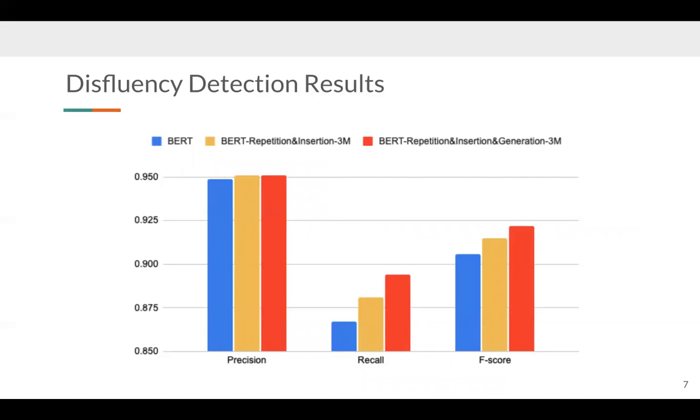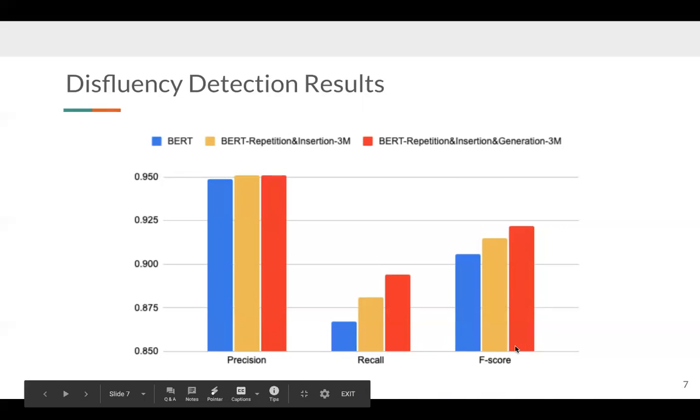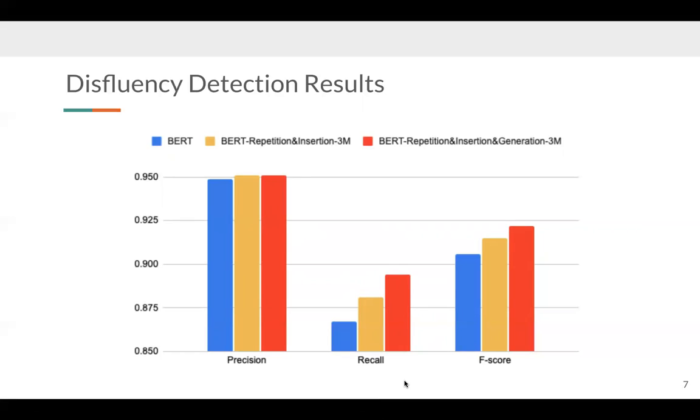After we add the augmented disfluent data generated by our generation model, our BERT repetition insertion generation model further outperforms the BERT repetition and insertion model in terms of F-score. That's because our model performs better in terms of recall, which means the disfluent sentences generated by our model can help the disfluency detection model to identify more disfluent segments without harming the precision.